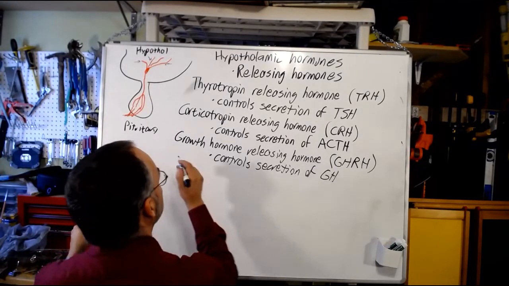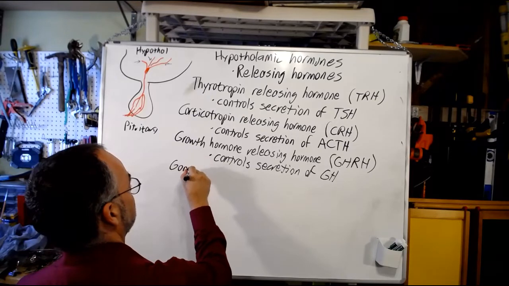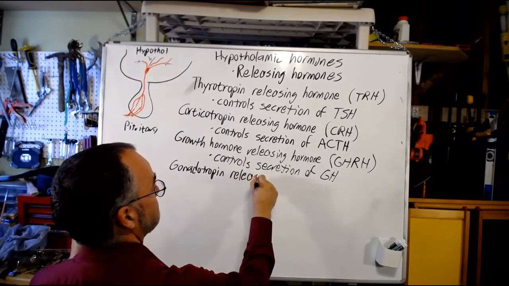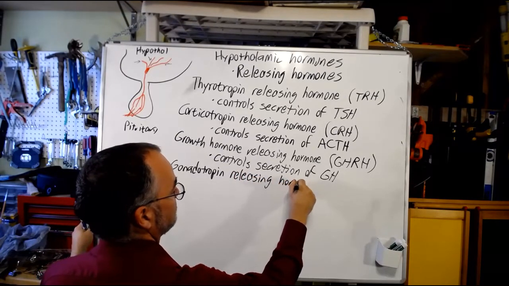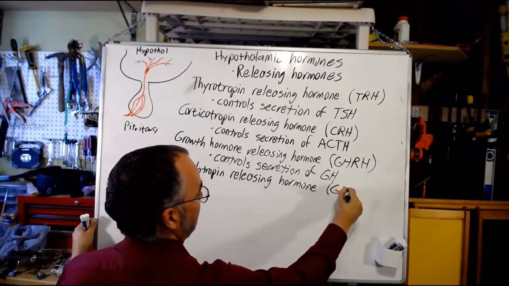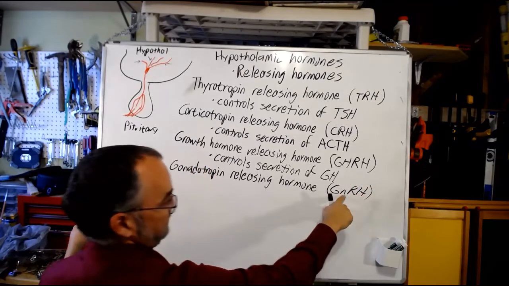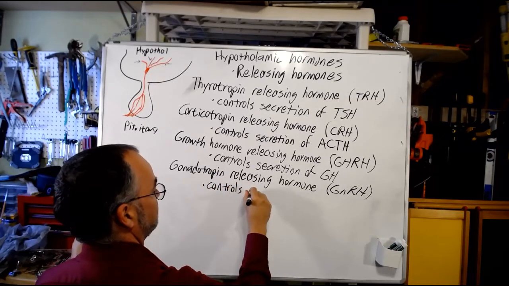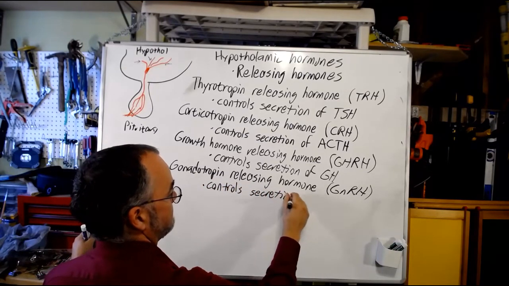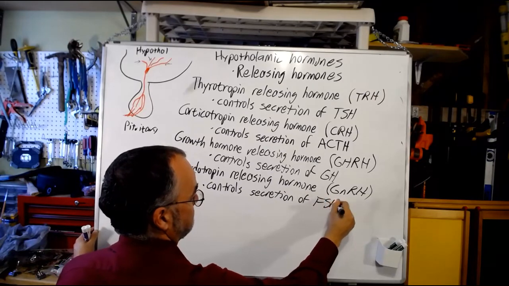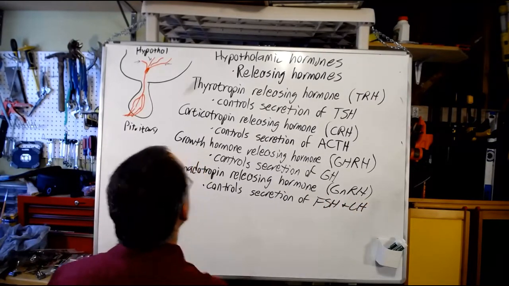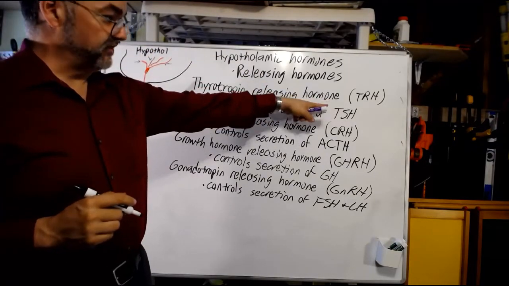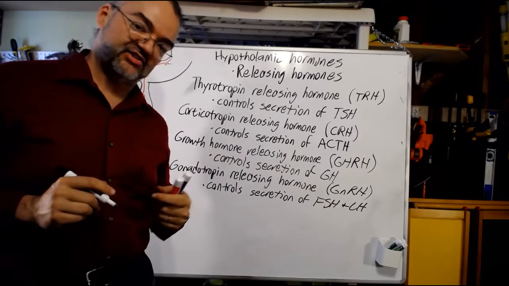Another one, gonadotropin releasing hormone, GnRH, usually made with a small n, which controls secretion of FSH and LH. So there's releasing hormones that control TSH, ACTH, GH, FSH, and LH.